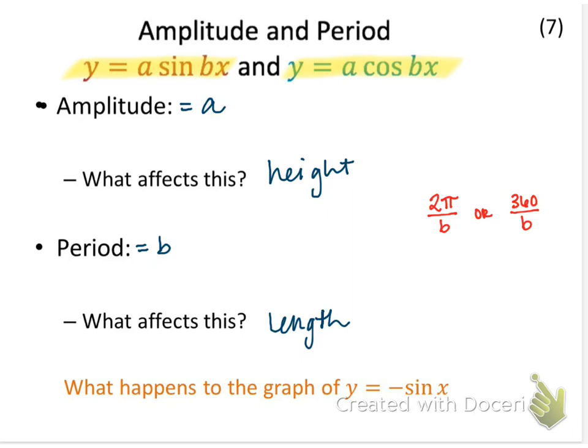Or if my b value is a half, I'm only going to see half of that wave happen in 2 pi or 360 degrees. Something to note, if we have a negative in front of either the sine or the cosine curve, just like normal transformations, our entire graph is going to be reflected over the x-axis.